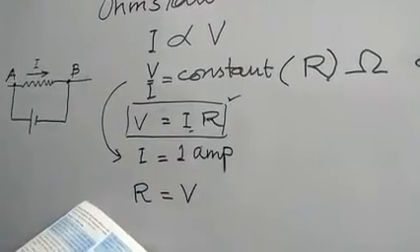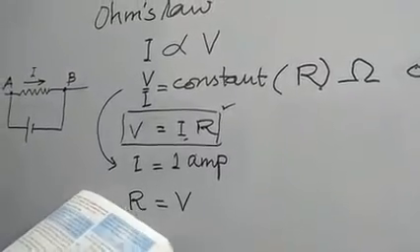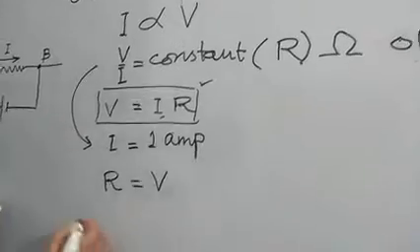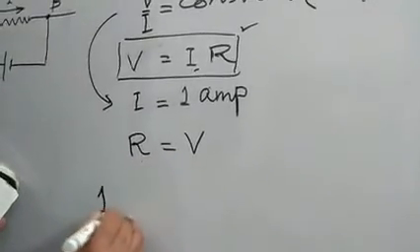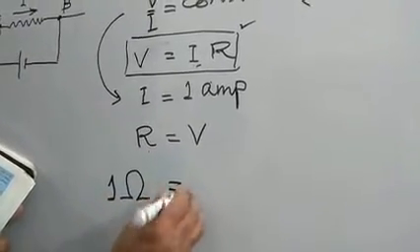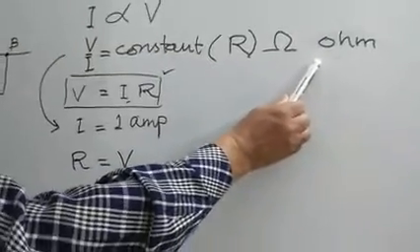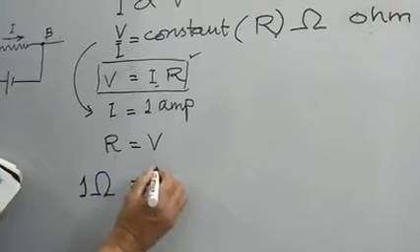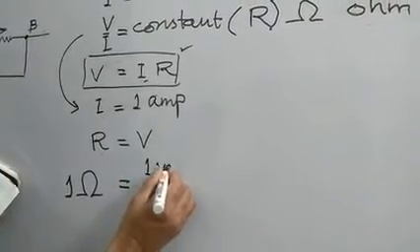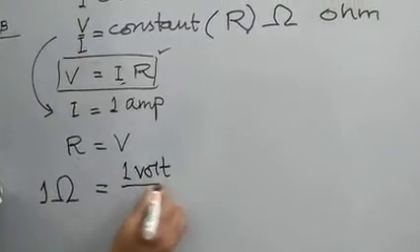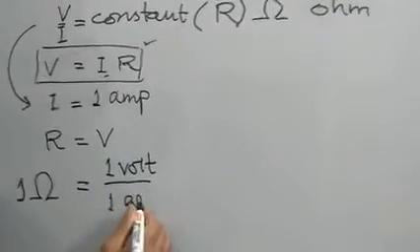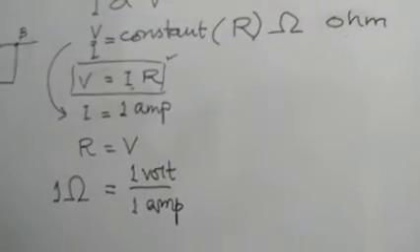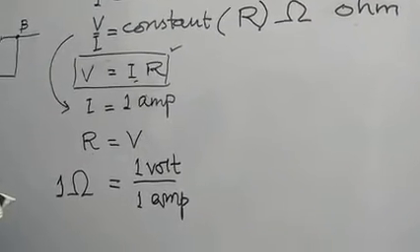There it is. And also another thing, 1 ohm. How is 1 ohm defined? From here, check this out. R is equal to V upon I, means 1 volt upon 1 ampere. 1 ohm is equal to 1 volt upon 1 ampere.